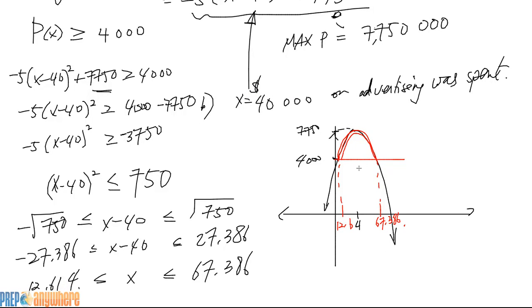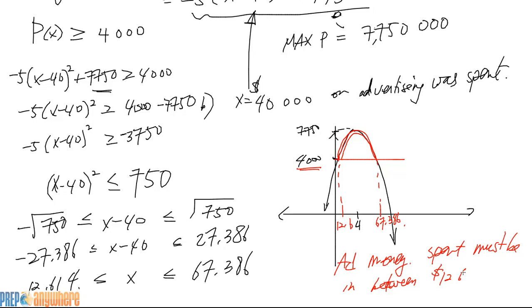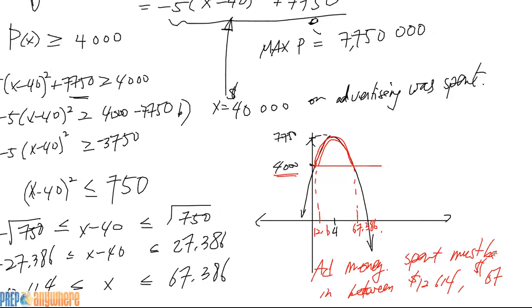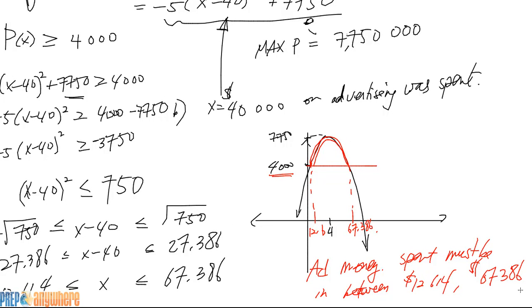Okay, so the answer to this question is the advertising money that we have to spend to get over $4 million must be in between 12.6 thousand, so this is going to be $12,614, in between that and $67,386 approximately.